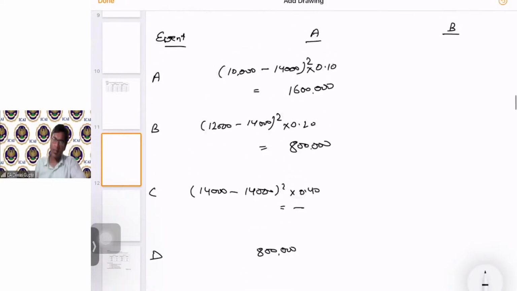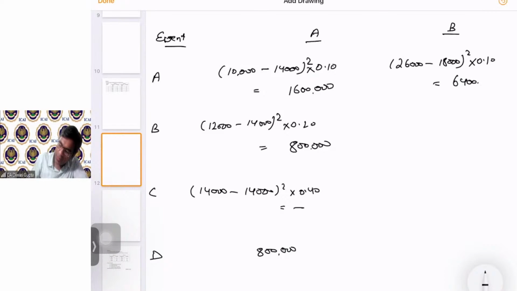So project A, this is the amount. Then project B, similarly, the first item is 26,000 minus 18,000 raised to the power 2 multiplied by 10%. 18,000 is mean and 26,000 is the first possible event.